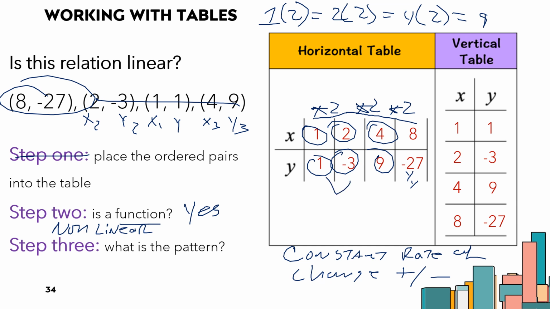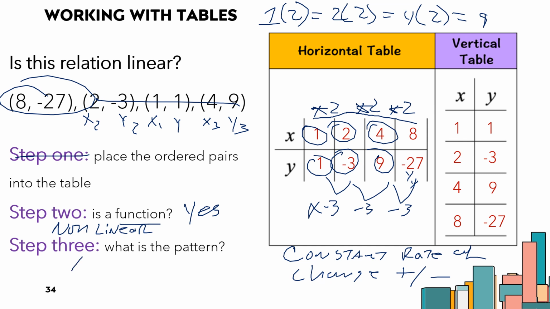To get from 1 to -3, you can multiply by -3, because 1 times -3 is -3. -3 times -3 is a positive 9. And 9 times -3, well, that's -27.